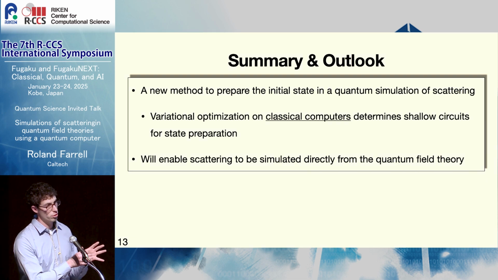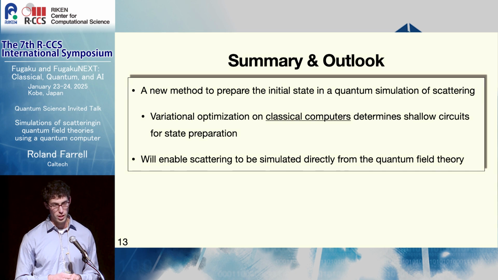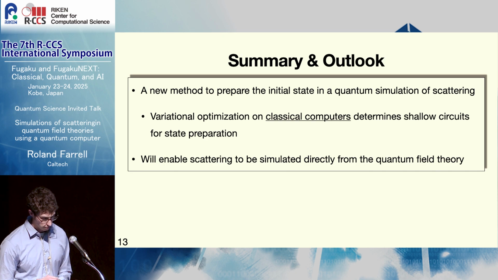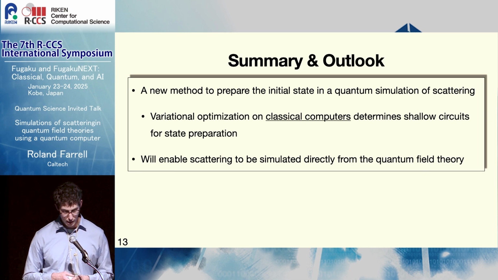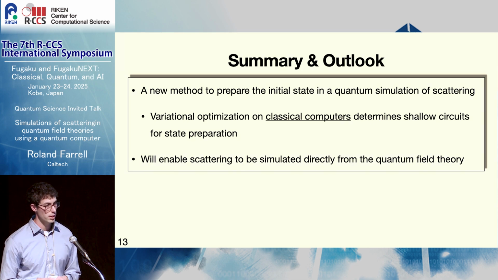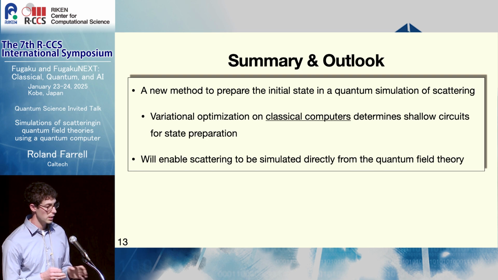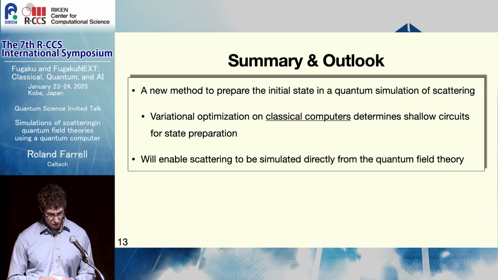And then the quantum computer is doing the more difficult thing of simulating time evolution, which is really what generates the entanglement in the process. It seems very encouraging and optimistic that this will enable simulations of scattering that go beyond what's possible with classical computing and really give us a new angle into these quantum field theories that we've studied for a long time.